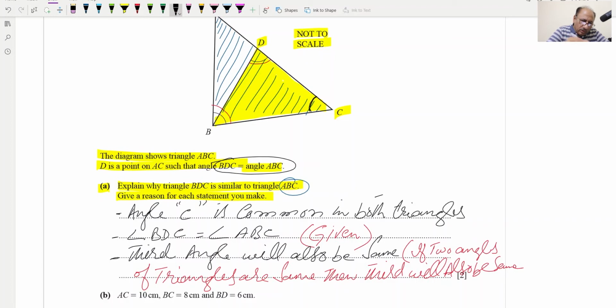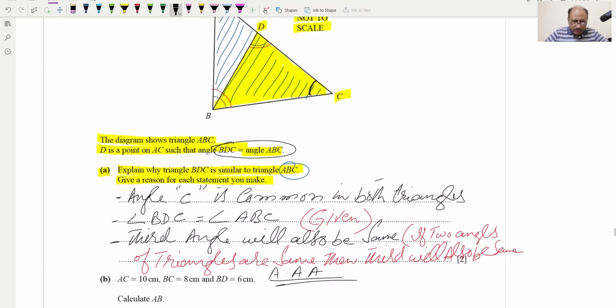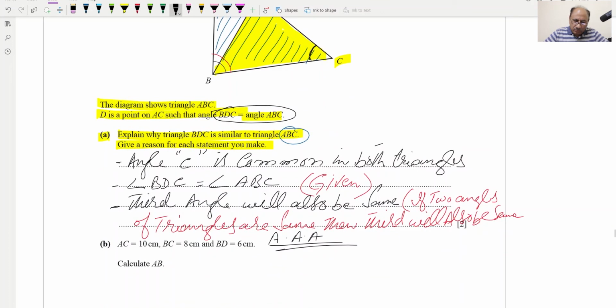So we can write angle sum postulate. By this postulate, both are similar, so hence proved.